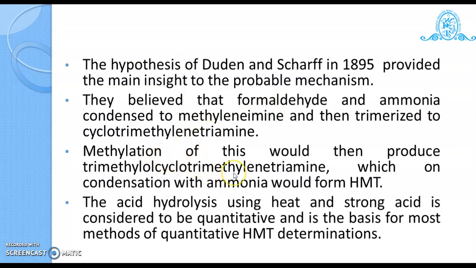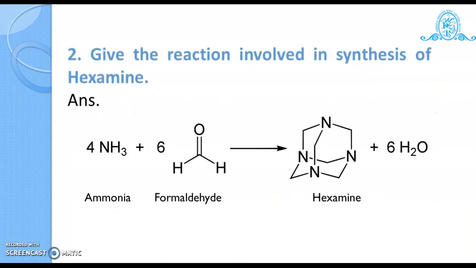Methylation of this would then produce trimethylolcyclotrimethylene triamine, which on condensation with ammonia forms the hexamine. The acid hydrolysis using heat and strong acid is considered to be quantitative and is the basis for most methods of quantitative hexamine determination.